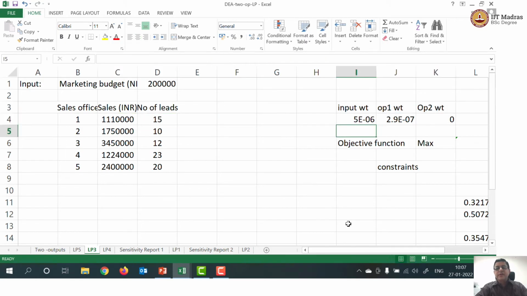Since this is the third sales office solving the problem, how do you denote the new decision variables? So this is input weight number 1 for the third sales office, output weight number 1 for the third sales office, output weight number 2 for the third sales office, right? So these are your decision values.